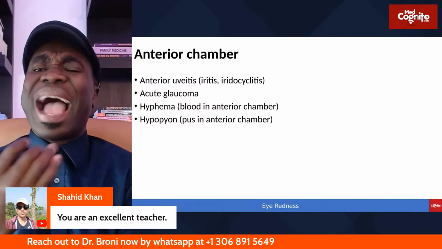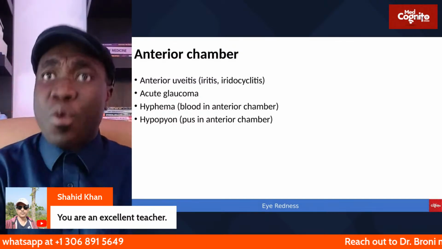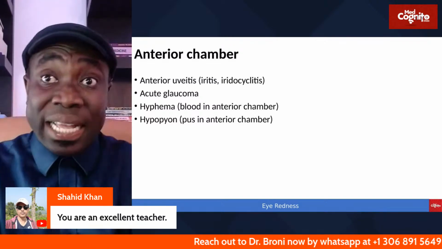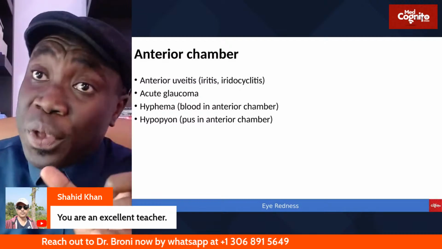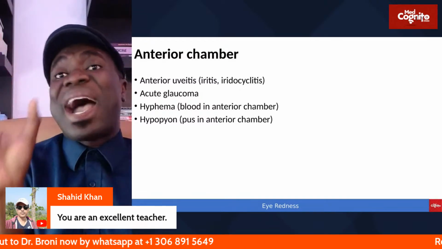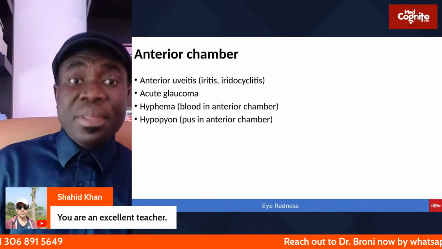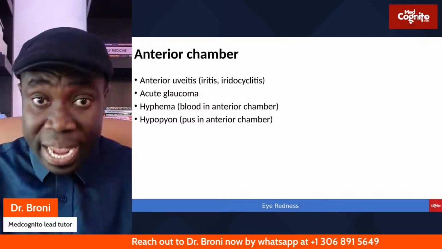And then we also have hypopyon. Now, what's the difference between hyphema and hypopyon? Hyphema basically is blood in the anterior chamber. And then hypopyon, rather, is pus in the anterior chamber. So don't confuse the two. But both of these can cause red eye.